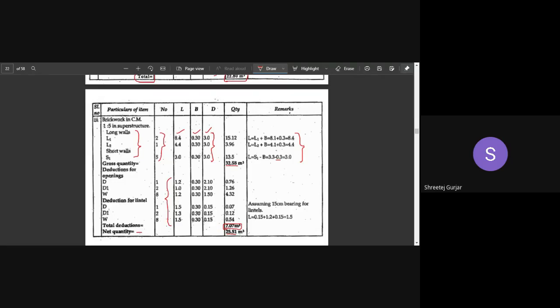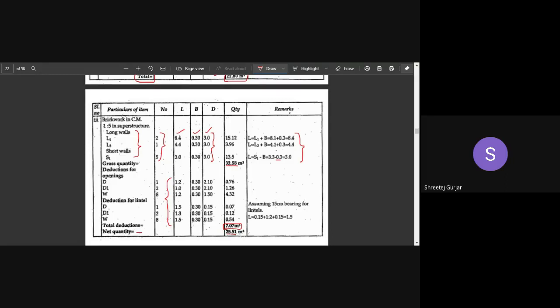Pradeep says long wall, short wall is easy. Others can also type in which method you found easy to understand. Both are very easy, right? Some are saying centerline method.